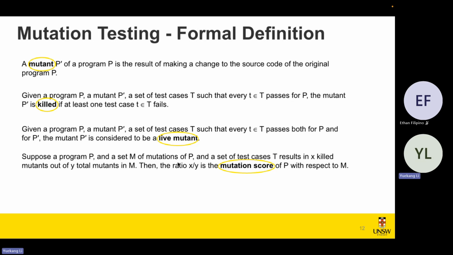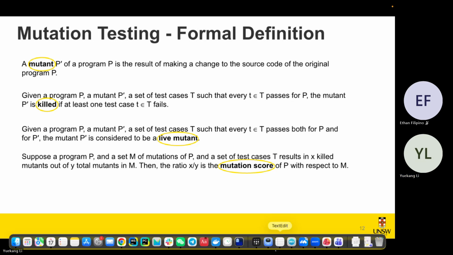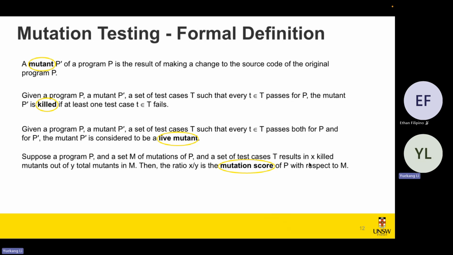And the number here is calculated by the number of killed mutants divided by the number of total mutants. So this mutation score is the higher, the better, right? If a test suite has a higher mutation score, then it means that it has a higher quality.